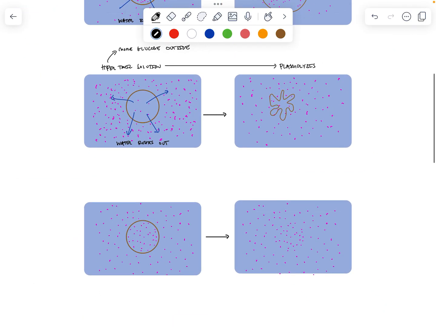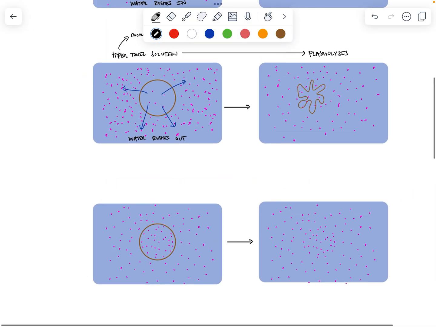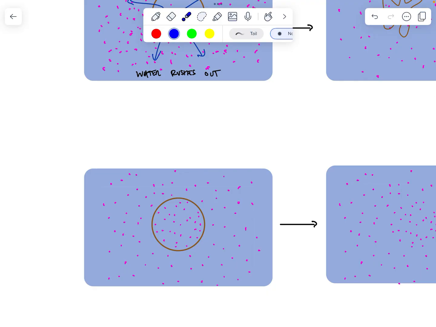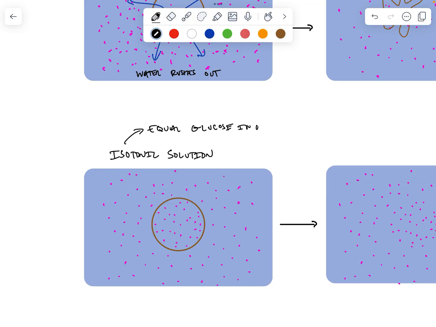Okay, the last situation is when we have an equal concentration of glucose inside of the cell and glucose outside of the cell. So this is equal glucose in and out.